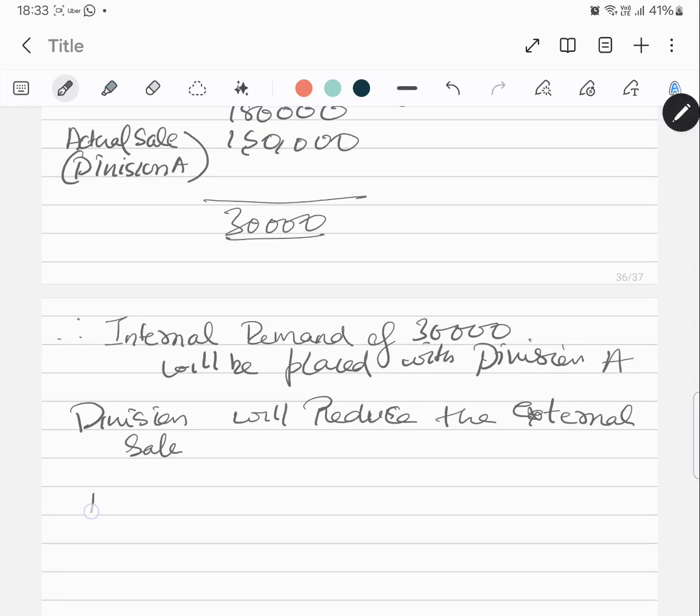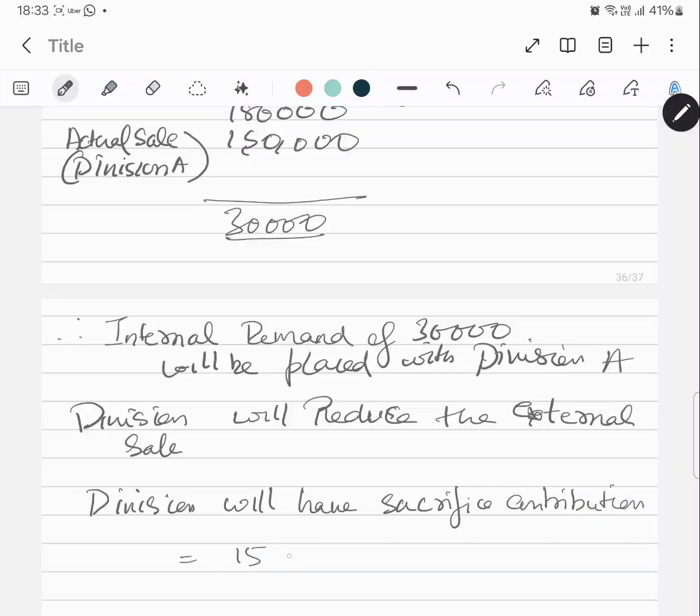So division A will have to sacrifice contribution, right? And what was the contribution?